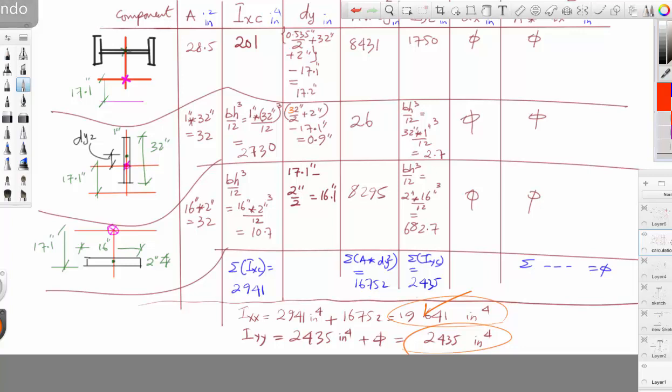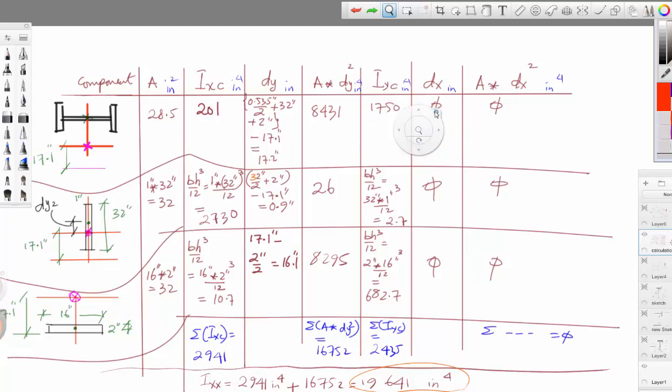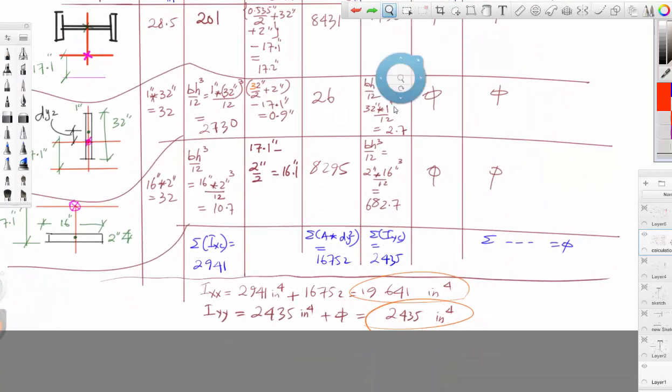This is Ixx, and for Iyy, it is the sum of all moments of inertia about y, which is this one, plus the sum of this value, which is 0. So the answer is 2435.